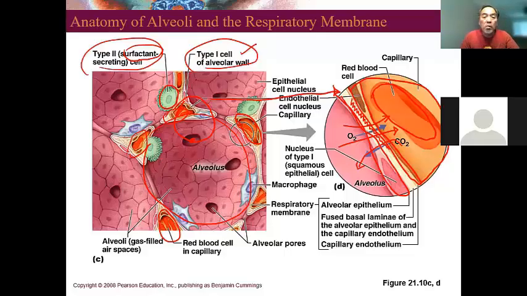Now, in terms of the coronavirus, okay, what lines around the alveoli are these cells called the macrophages. Remember, macrophages are actually white blood cells. So they're the ones that guard the walls in the alveoli for infection.